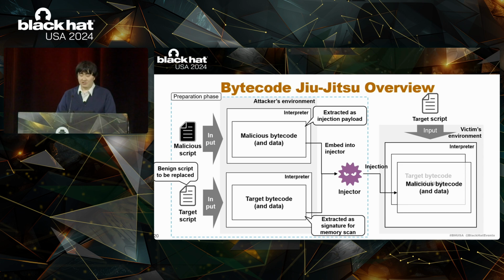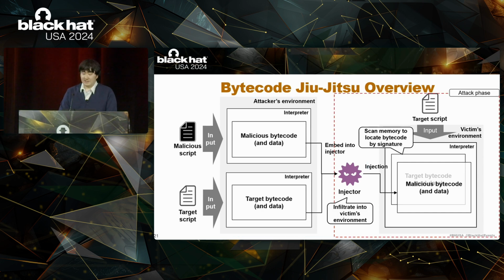The attacker executes these scripts once in their own environment, and then extracts the bytecode of these scripts from the interpreter processes. Note that the target bytecode is used as a signature for memory scan. We will explain more about that later. The extracted bytecode is embedded into an injector.